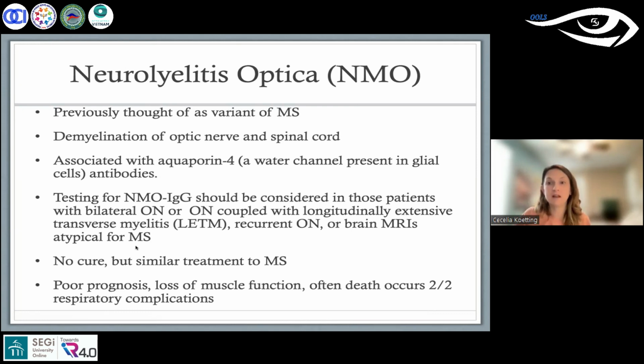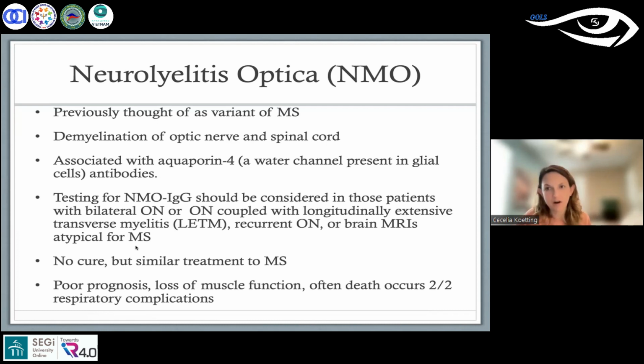So they like to make sure that this is not what's going on in patients before they start MS treatment, because they don't want to make it worse. And actually that has led to better prognosis and life prognosis for these patients, is now that we have a better understanding and we're treating it properly. So the death rate 5-10 years ago was 5-10 years for these patients, and now it's not. So they're doing much better with this.